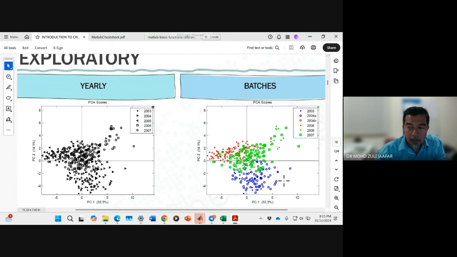Then first 2003, this one is blue, and later you got the red one, and later you get the blue one. Maybe they analyzed the concentration of the metal in 2003 and 4, 4 and 5, 6 and 7.